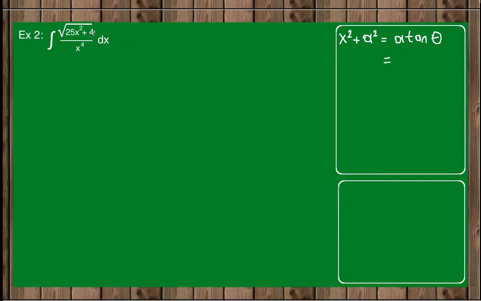Here our a is 2 because 2 squared is 4, so 2 tangent theta. But the coefficient of x is not 1 here. The coefficient of x is 25. So we're going to make 5x equal to 2 tangent theta. The square root of 25 is 5. And if we solve for x here, our x will be 2/5 tangent theta.